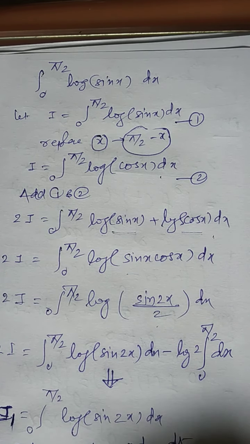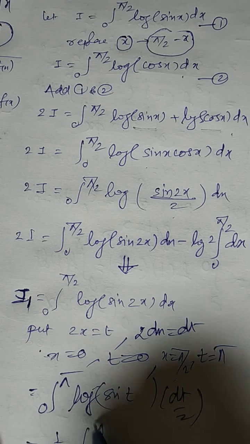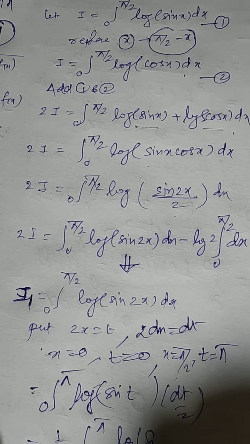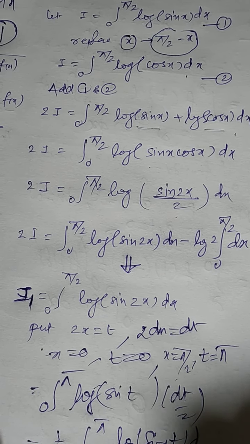So the new integral will be from 0 to pi of log of sin t, and dx will be nothing but dt by 2. It can also be written as 1 by 2 times the integral from 0 to pi of log of sin t dt.